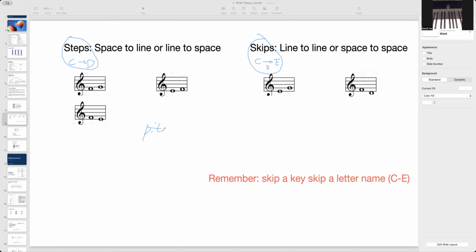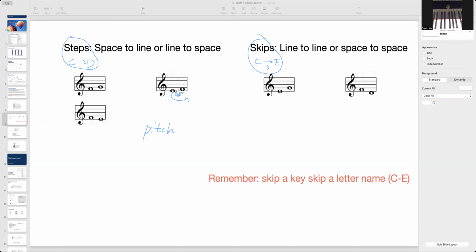Pitch is how high or how low those notes are. So for example, this one is E, right? Because this one is C in here and goes up in here, we got a skip, because D is in the middle.